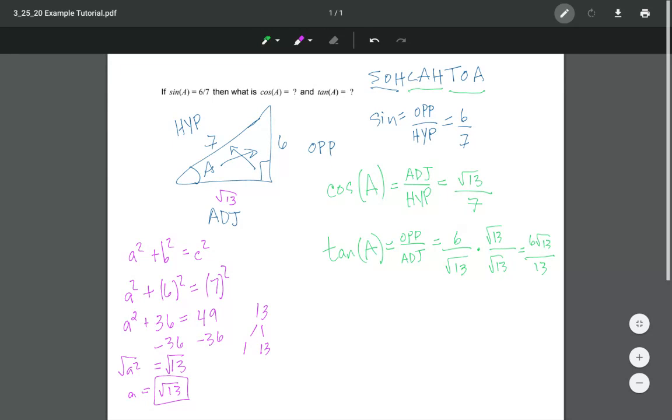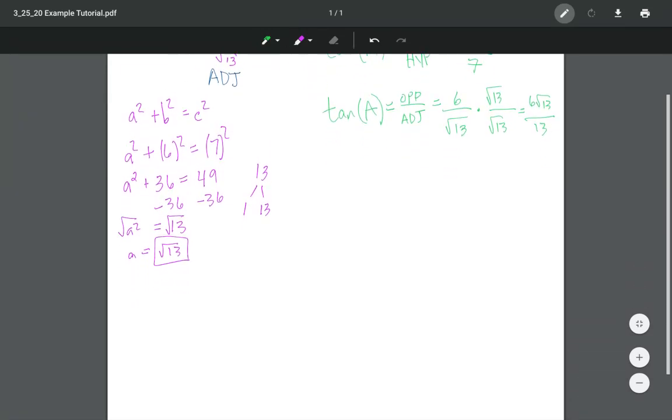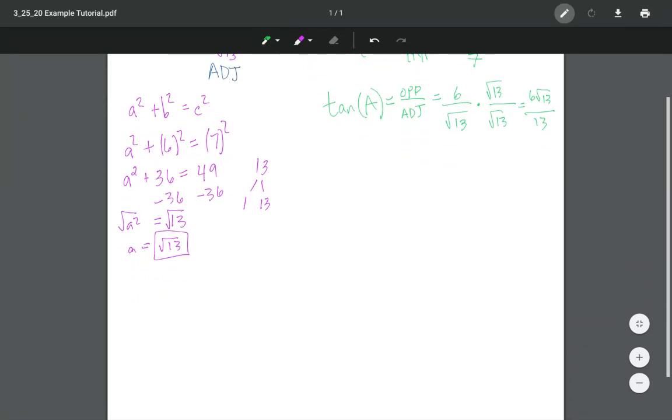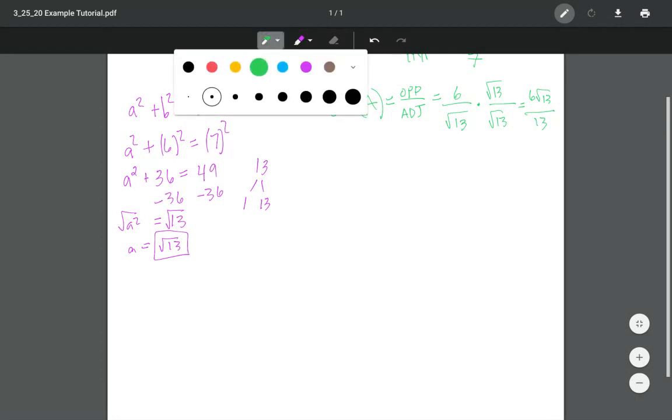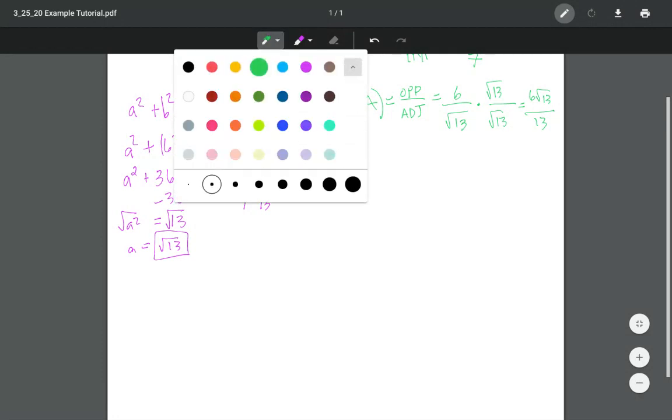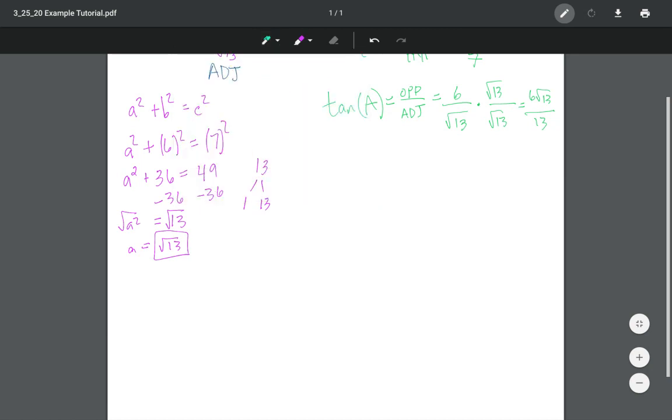So if we summarize what we've done here, I'm just going to scroll down and we can write these steps down. Your first step, let me get a new color here. Okay, so your step 1 with this type of problem is you want to draw the triangle. So draw a triangle.